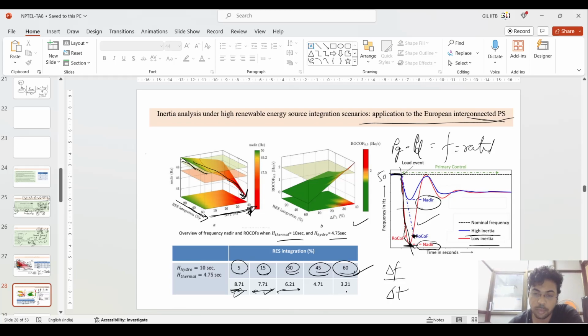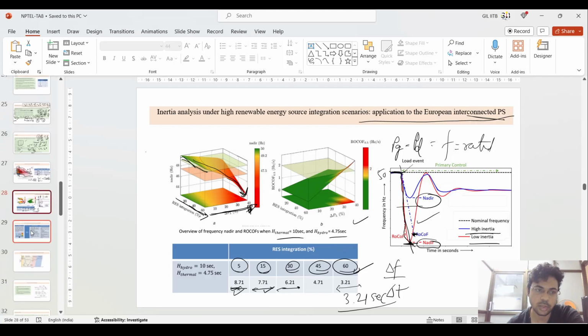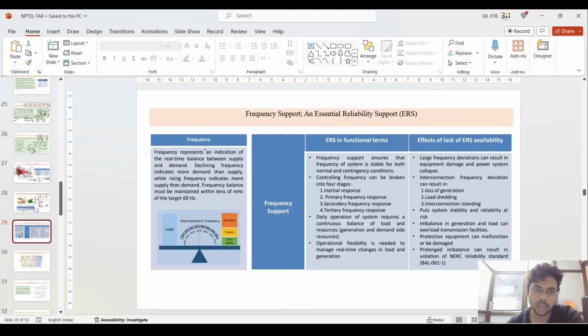At 30%, till 6.21 seconds. And if it is 60% RE penetration, then you can provide this inertial support for just 3.21 seconds. So that is an issue with this RE penetration.